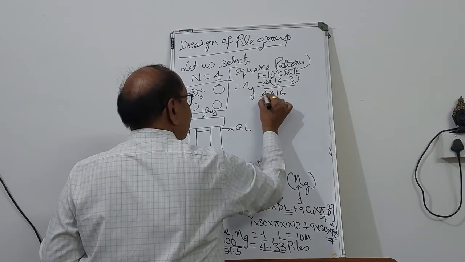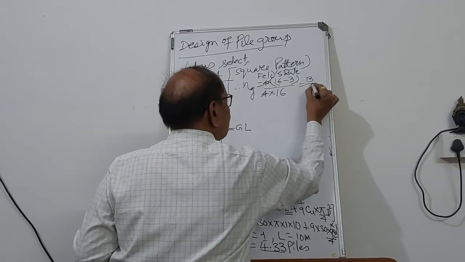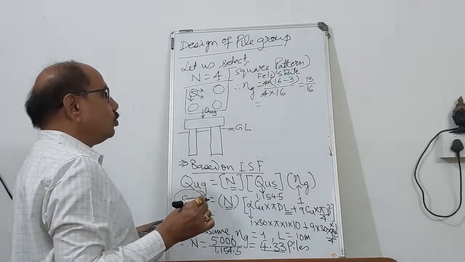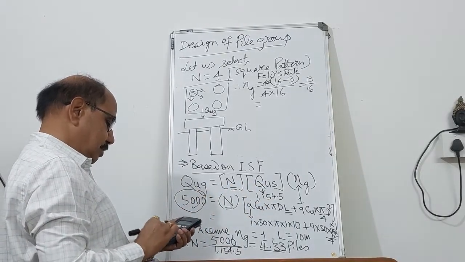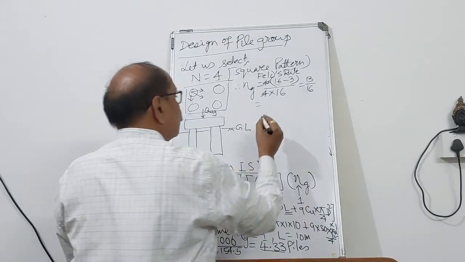So it is going to be 13 upon 16. So from Feld's rule, the group efficiency factor is 13 divided by 16, that is 0.812.